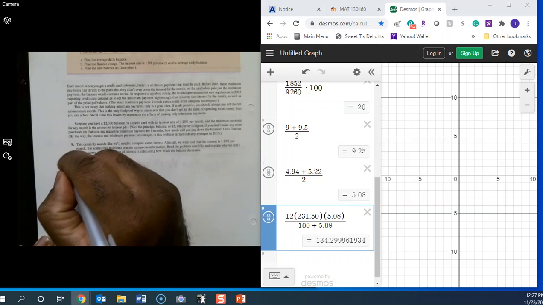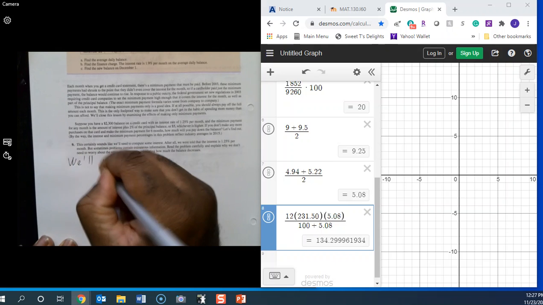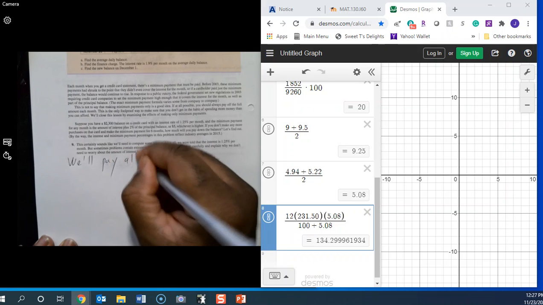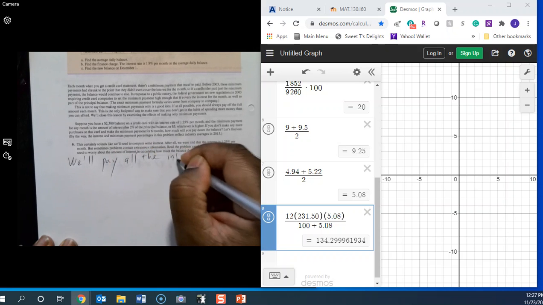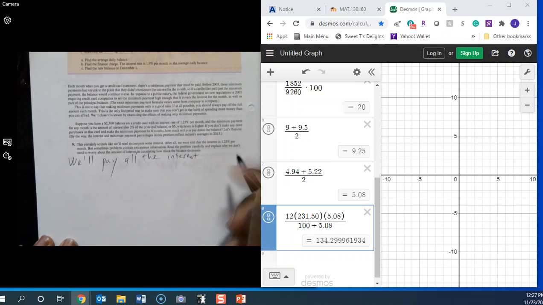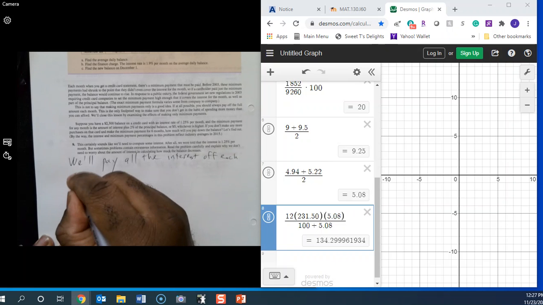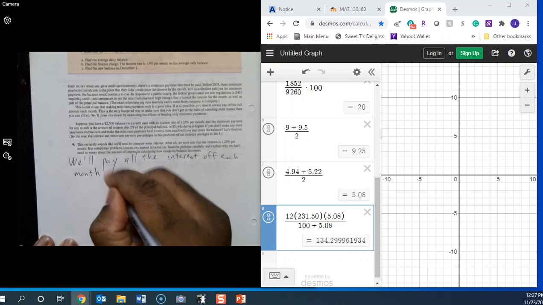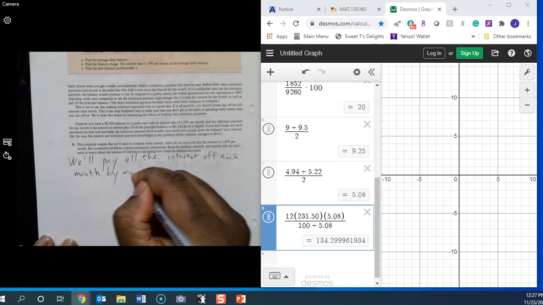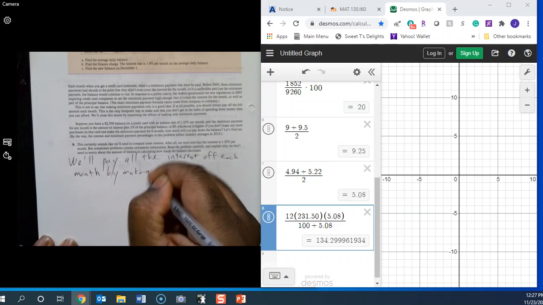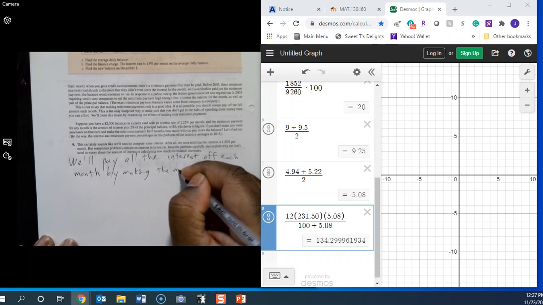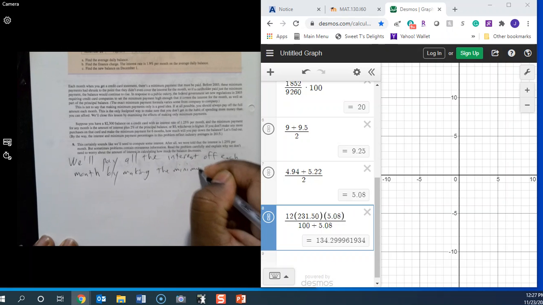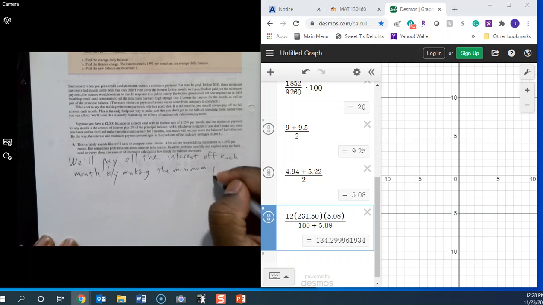Okay, that is because we'll pay all the interest off each month by making the minimum payment.